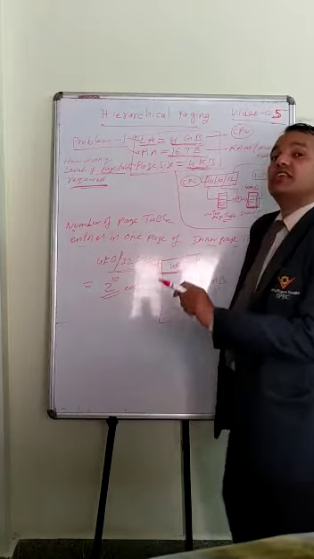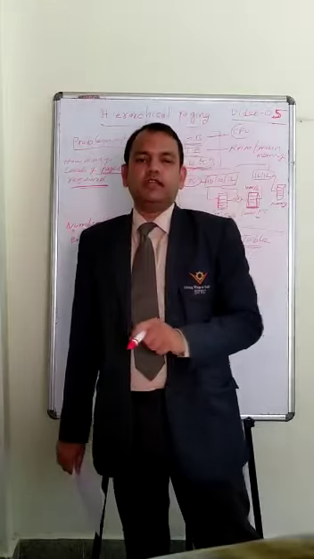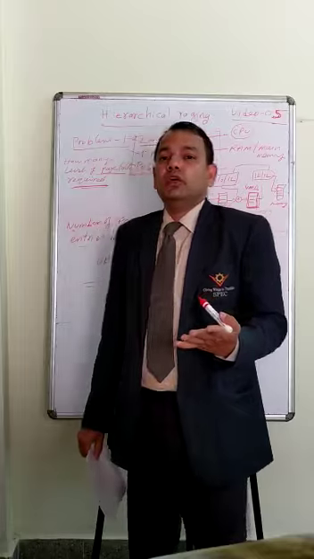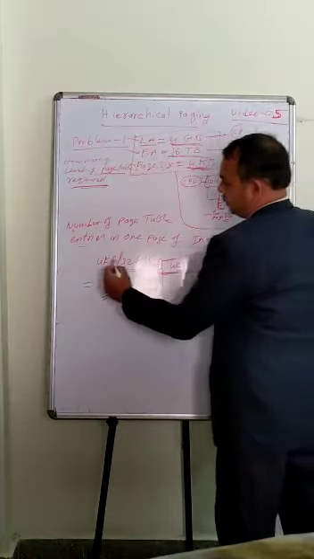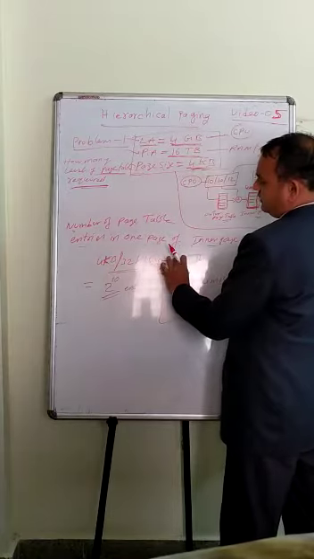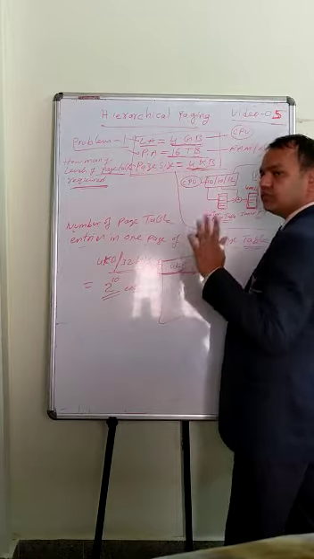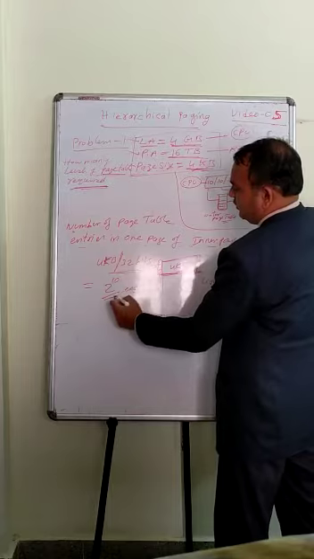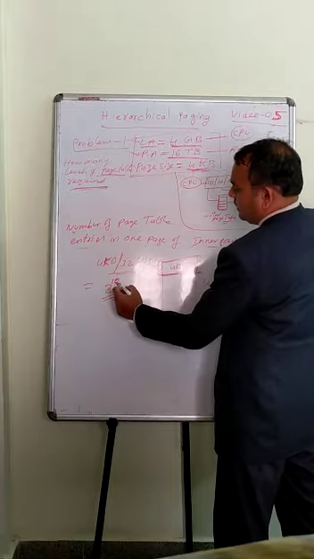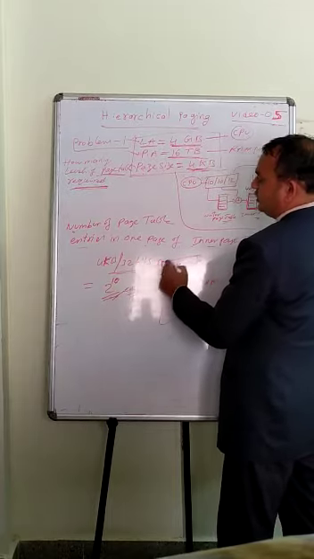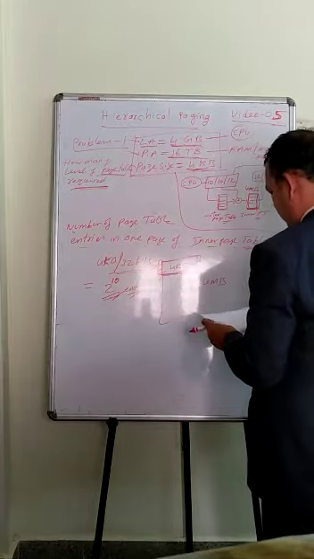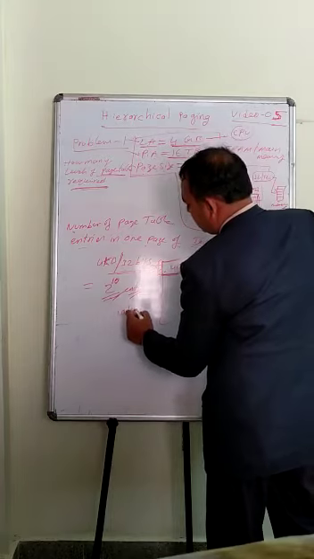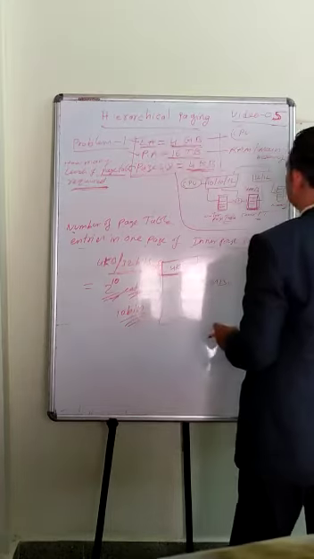Each entry is 4 bytes, 32 bits, the frame number. So 4 KB is the page size, and at each location we need 4 bytes, right? If you divide, we need only 2 power 10 entries for this. For this we need 10 bits.